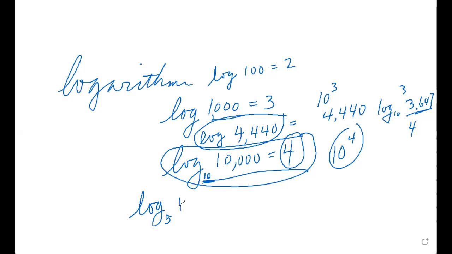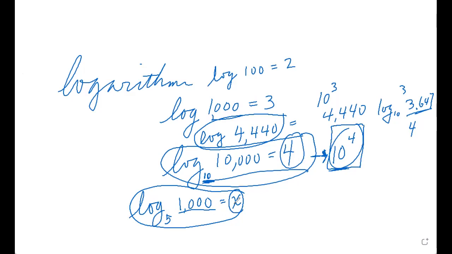Now, if we want to figure out how much this is, then it's a little bit more complicated. We're trying to figure out the exponent of 4,000 with the base 5. So now, as before, when we looked at the log base 10, we transfer it to an exponential form.